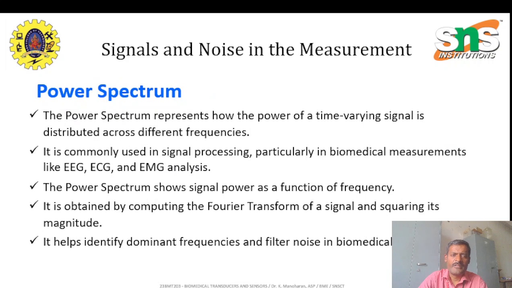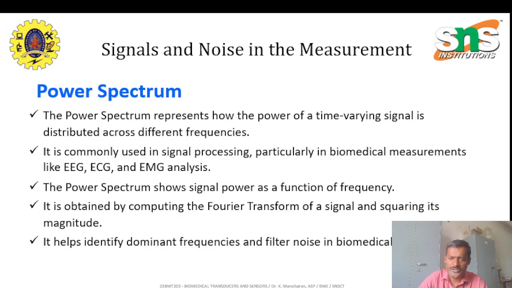Power spectrum. The power spectrum represents how the power of a time varying signal is distributed across different frequencies. Power spectrum means power for different frequencies. For each frequency, what power is available will be plotted, and that is called a power spectrum. It is commonly used in signal processing, particularly in biomedical instruments like EEG, ECG and EMG analysis.